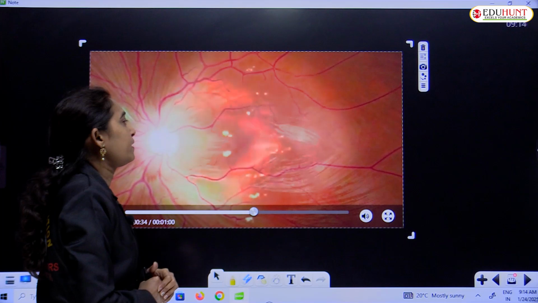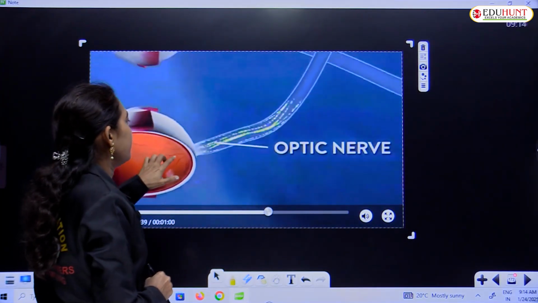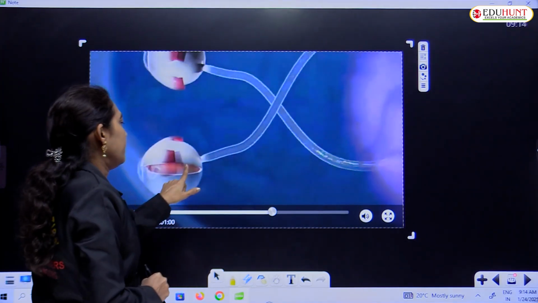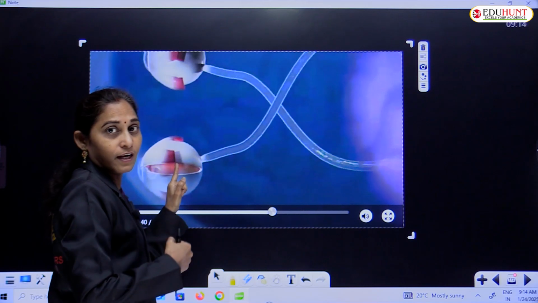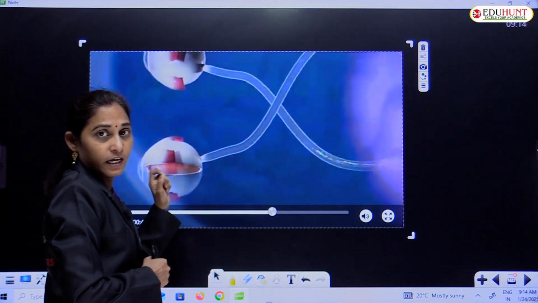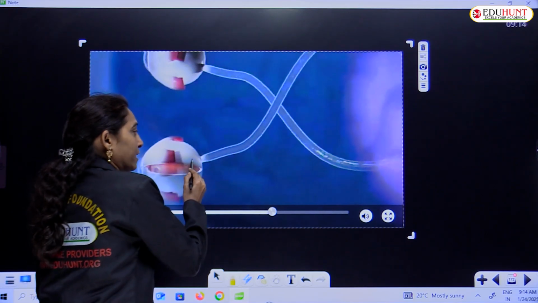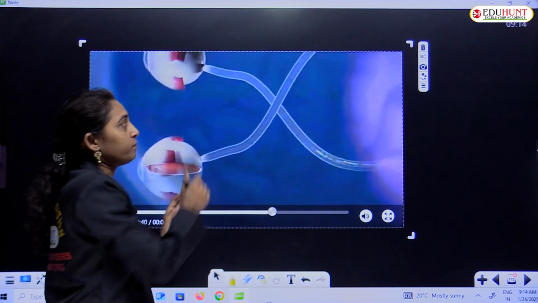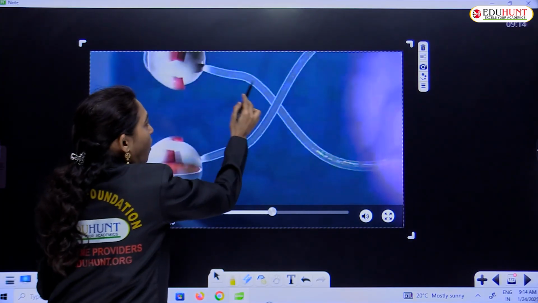You can see what is going on here clearly. This is the optic nerve. The retina, after receiving the light, converts the light stimulus into an electric impulse. The electric impulse is carried to the brain through the optic nerve.